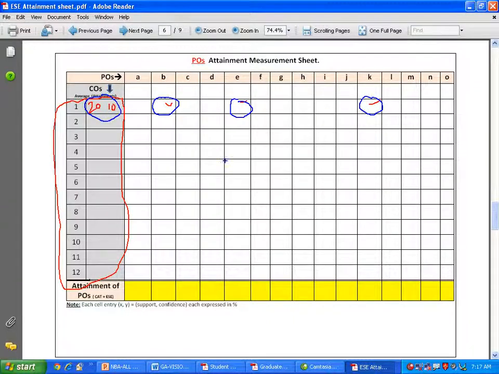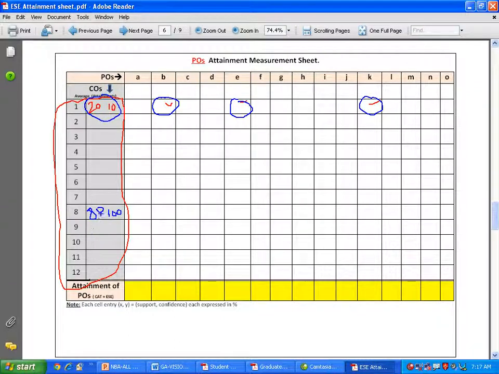Consider that situation. Now consider here course outcome number 8. Say, assume it is 80 and 100. The meaning of this is 100% of 80%. That means it is 80%. That 80% support, whatever we are coming to, it's full, perfect, accurate, correct.